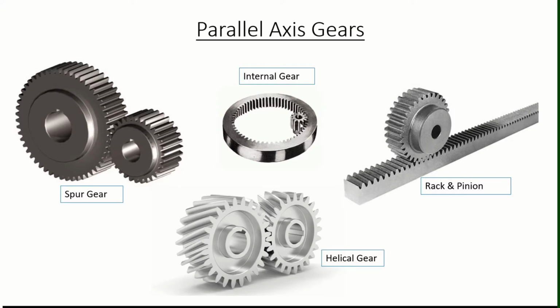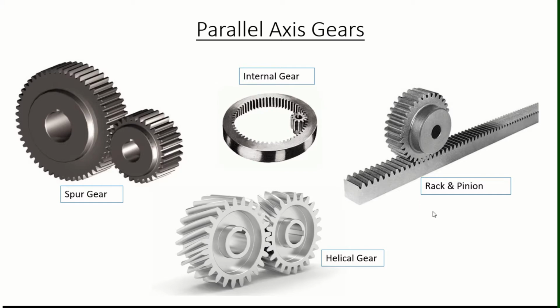Involute is the profile which represents the tooth of the gear. The rotational directions of the internal and the external gears in the mesh are the same, and they are opposite when the two external gears are connected together.